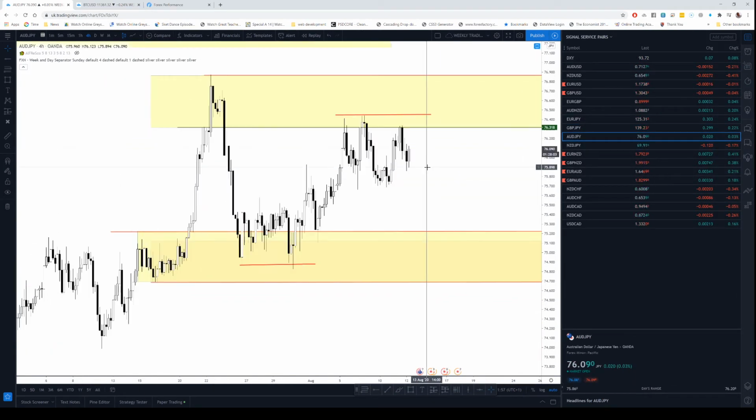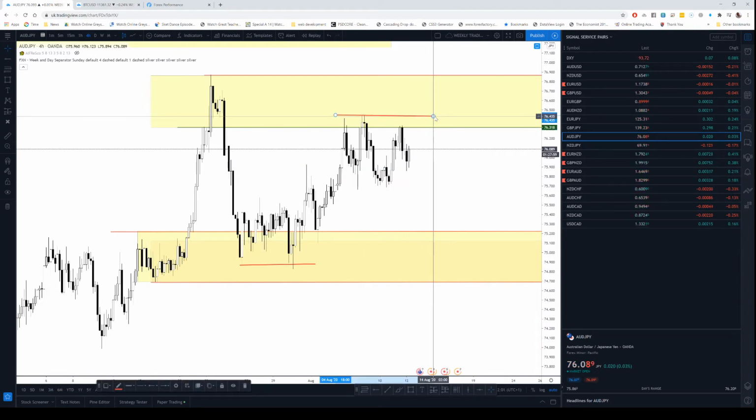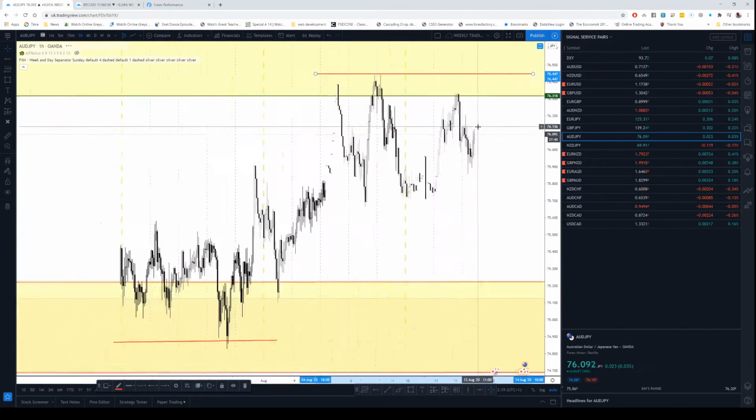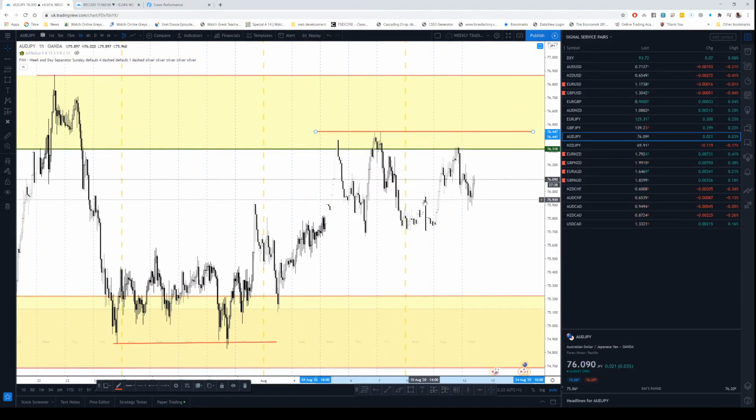Aussie yen, this thing is not doing anything. Yes, I did mention to sell up here or buy down there, and we did get, I mean, there's nothing to do on this, so just stay out for now. Unless you want to be scalping, then you can use the stuff that I've showed you. Until then, just stay out because it's not doing anything.